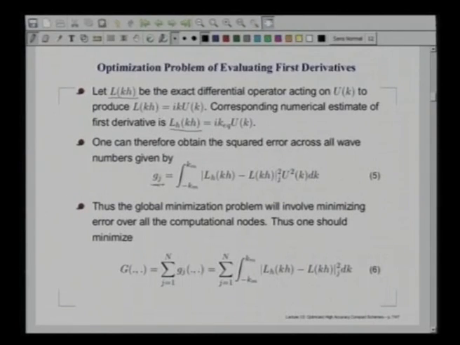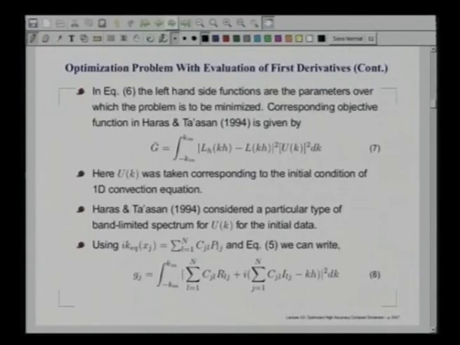And if this is for your jth node, we can sum up such error for the whole domain, and that is what is done here. We have added up for all nodes, for j equal to 1 to n. So, if we have this quantity given by equation 6, then we can optimize it.